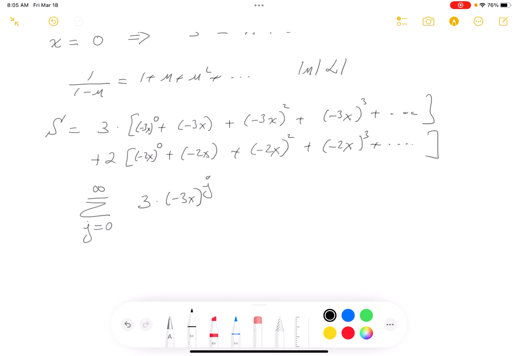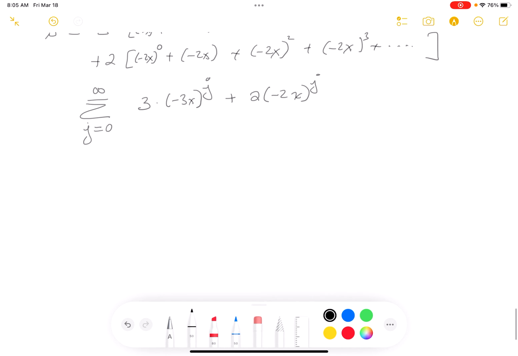Oh, no, the x is there. I'm sorry. Plus 2 times minus 2x to the j. All right, that's not bad looking. Now, of course, I'm going to try to figure this thing out a little bit better than that, because it just doesn't look right to me. And again, this is S.